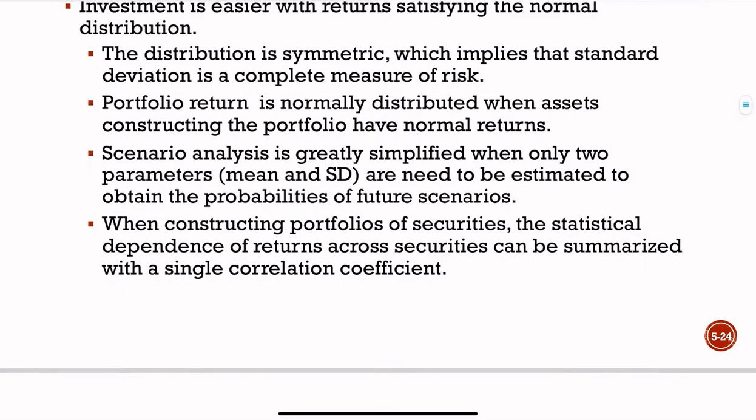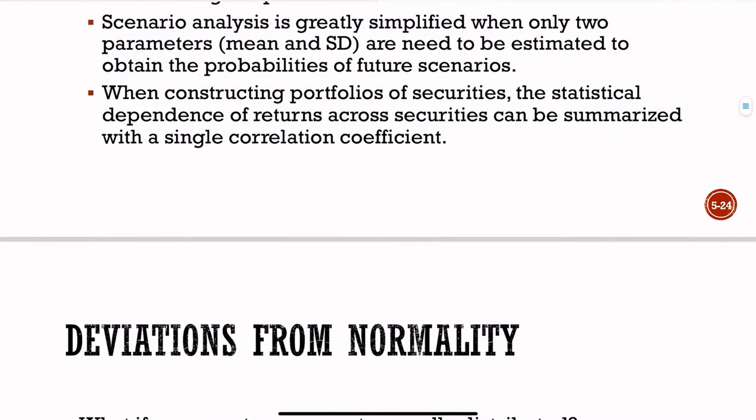And then the fourth reason is when constructing portfolios of securities, the dependence between securities can be summarized by a single correlation coefficient. So this basically says when you're constructing a portfolio, let's say you have multiple investments, right? Apple, Microsoft, let's say Lululemon, let's say Peloton, right?